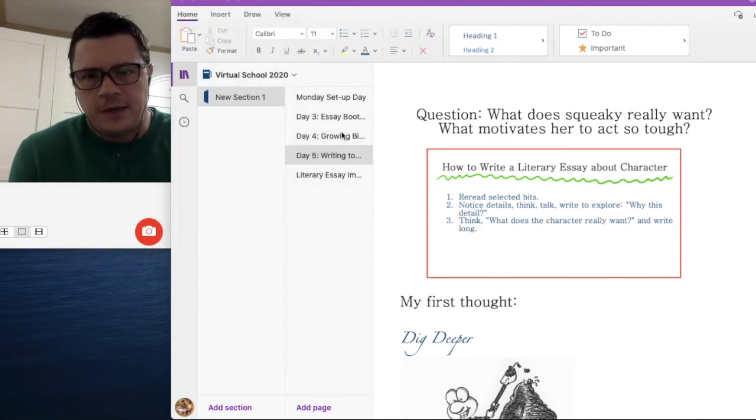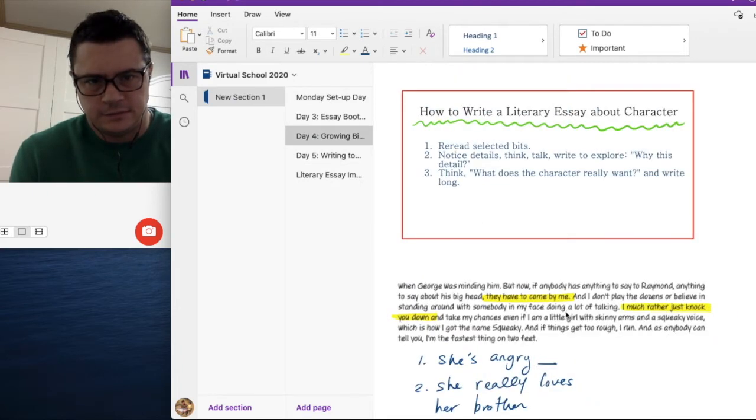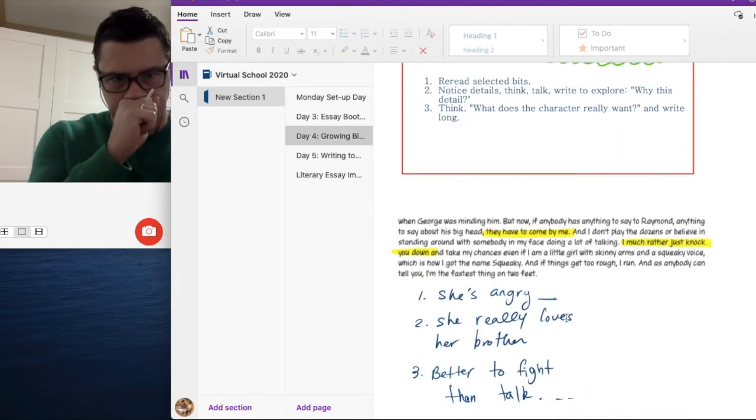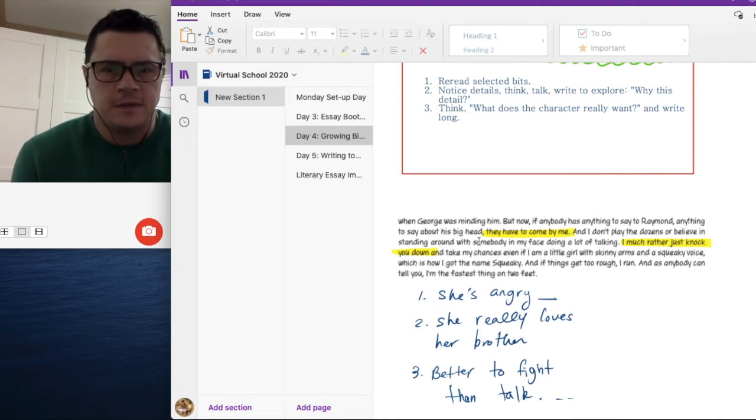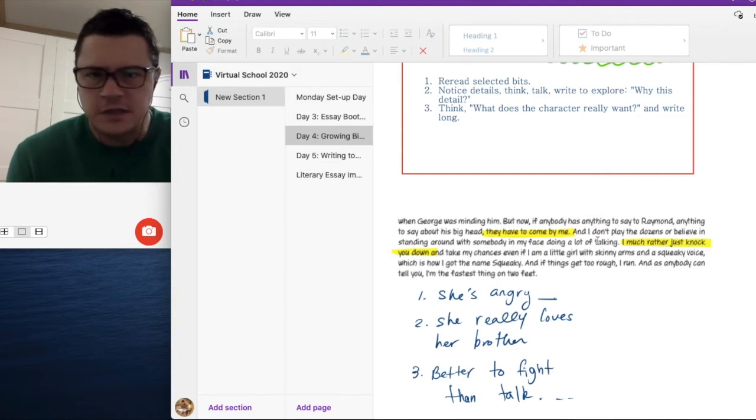And I'm thinking back to yesterday's section, where we see some details that show us how she acts tough. She says, if somebody has anything to say to Raymond about his big head, they have to come by me. And then, I'm not one to stand around and do a lot of talking. I'd rather just knock you down. So we looked at these details and thought about how she was tough.